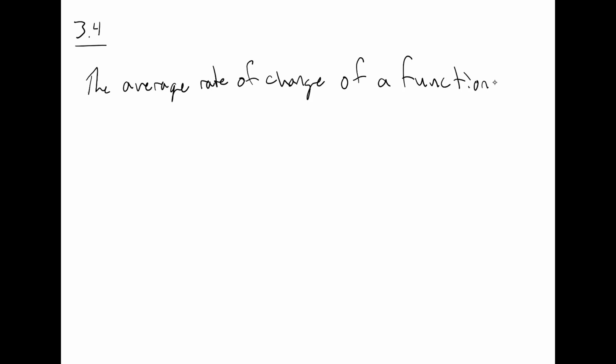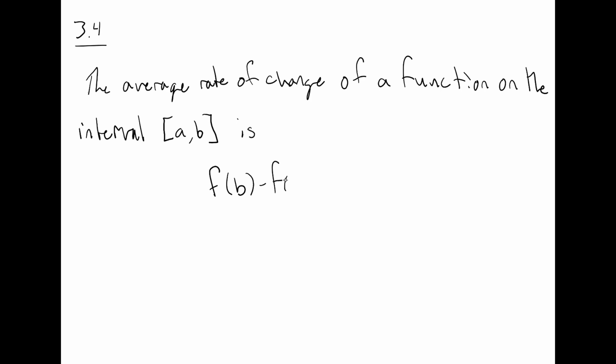I want to remind us about the average rate of change function that we learned back in maybe a Math 111 or college algebra or just earlier on. So we say that the average rate of change of a function on the interval, let's use interval notation, on the interval a to b is f of b minus f of a over b minus a, right?